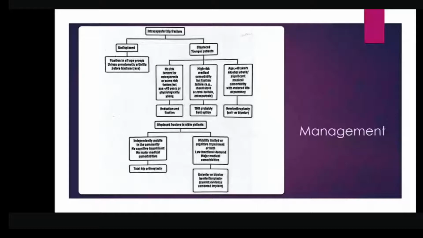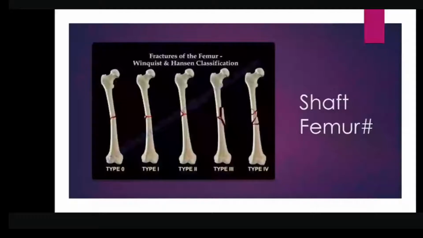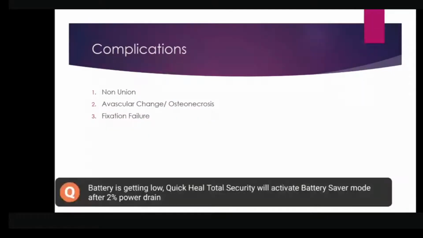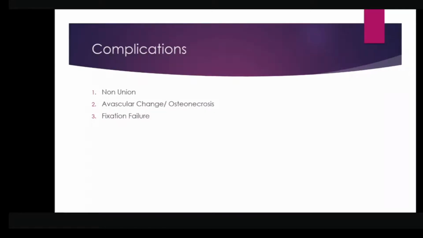Now, what is the difficulty, or what is likely to happen if you try to save this? One is non-union. Another is avascular necrosis. If you consider the anatomy, the arterial supply of the femoral head is mainly from the medial and lateral retinacular vessels.